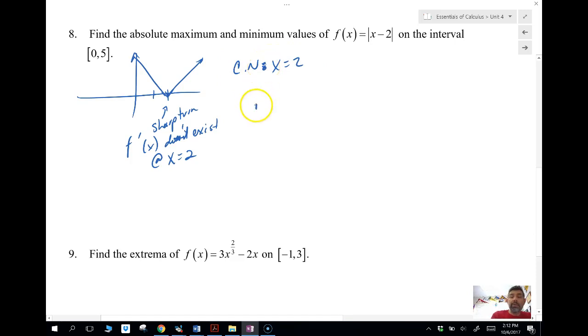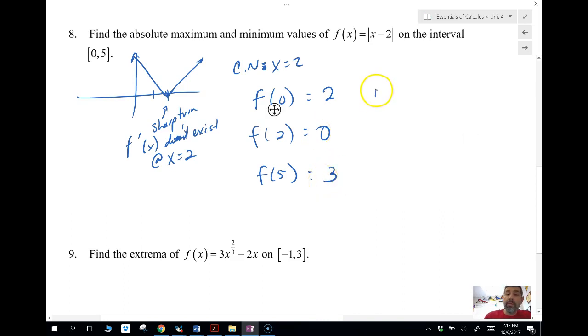So I'm going to do the same thing I did before. f of 0, f of 2, f of 5. f of 0 is going to give me 2, f of 2 is going to give me 0, and f of 5 is going to give me 3. So I'm going to have a max at f of 5, and I'm going to have a min, f of 2 equals 0.